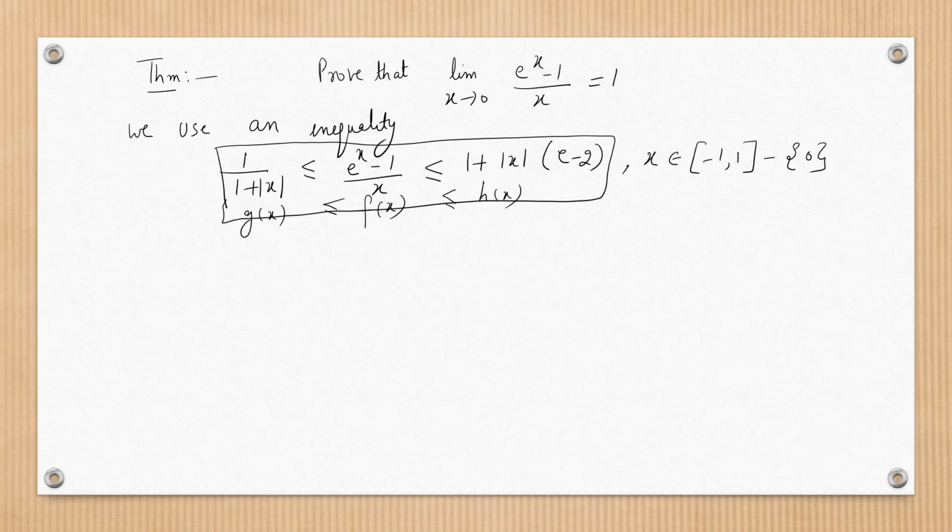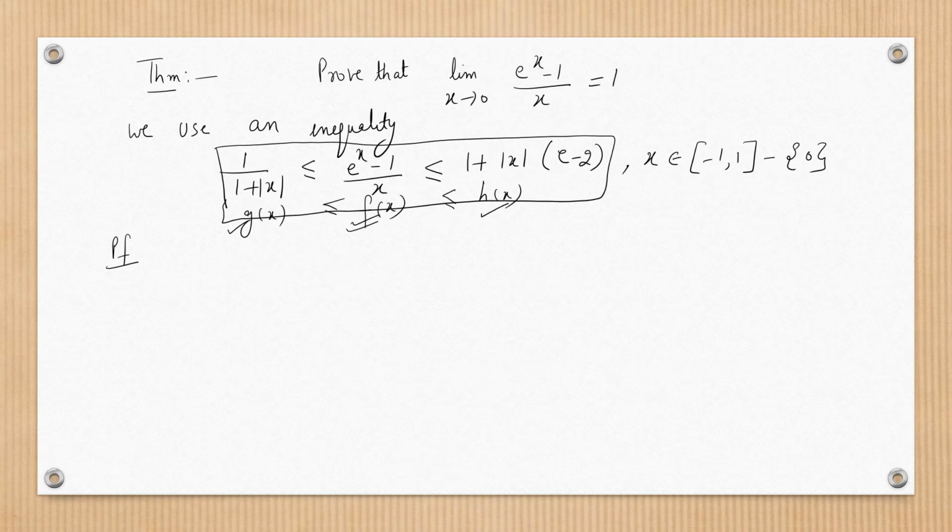Say g(x) is giving you some value and h(x) is giving you the same value. Then the function lying in between, f(x), will also take that value of the limit. So we will be using that result to prove this. Let us see how to prove it.